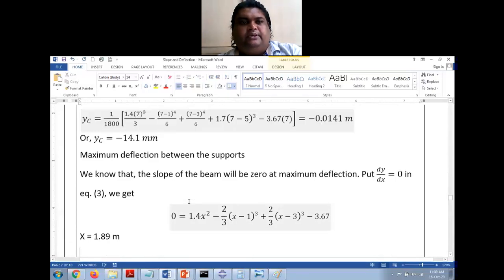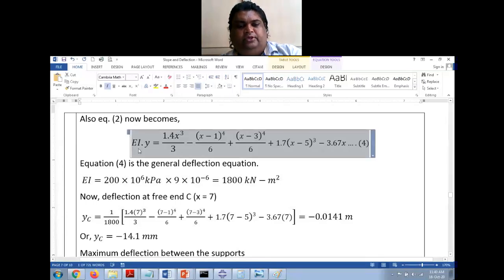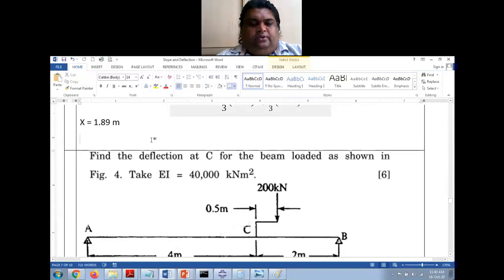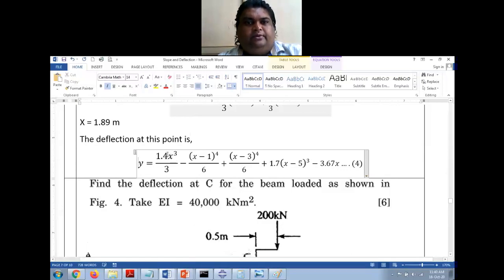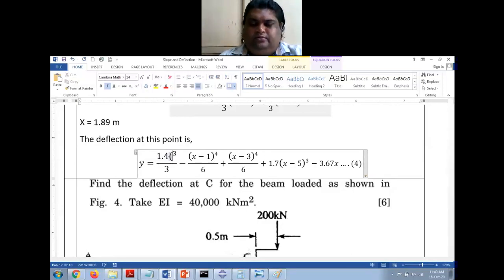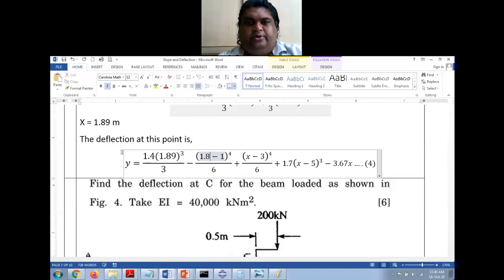Now you have to put x as 1.89 in this expression. You will get the deflection. I'll just say y will be at 1.89. Someone please try to do this on the calculator.